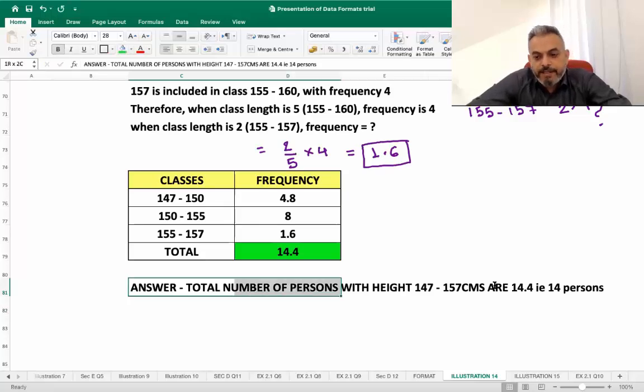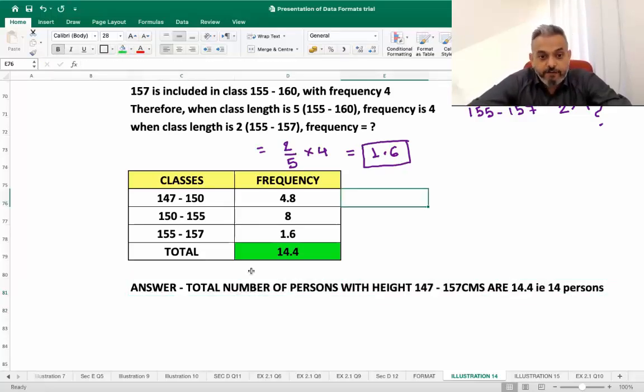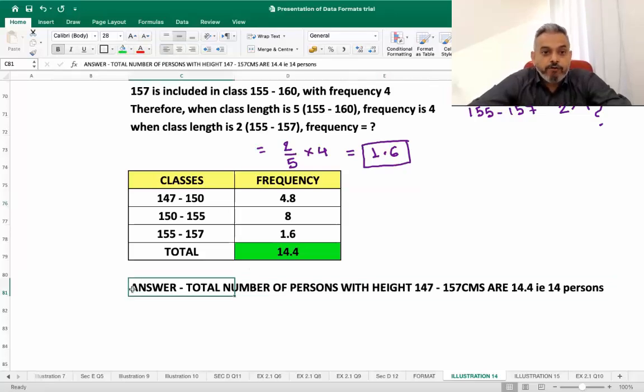Because people can never be in fractions, so we round off. Okay, so we are rounding it off to 14.